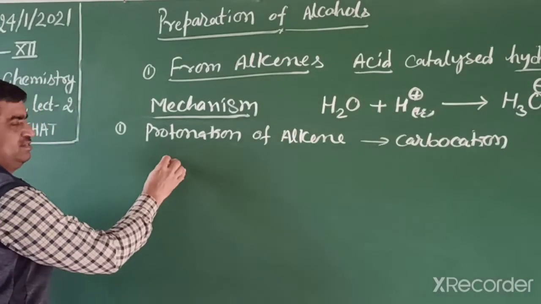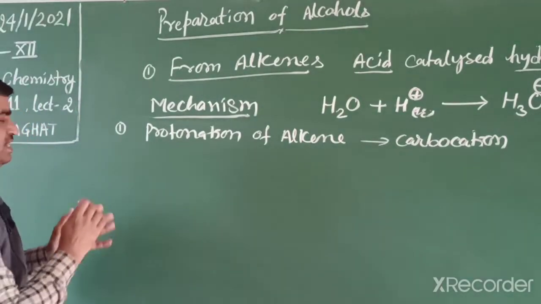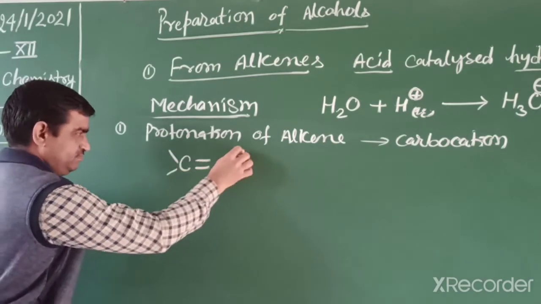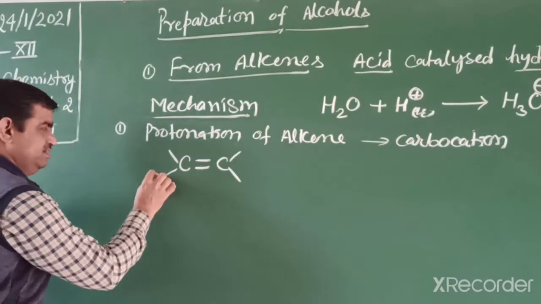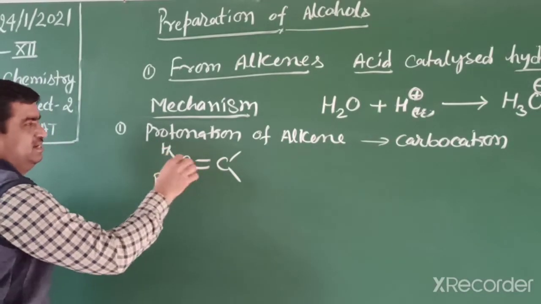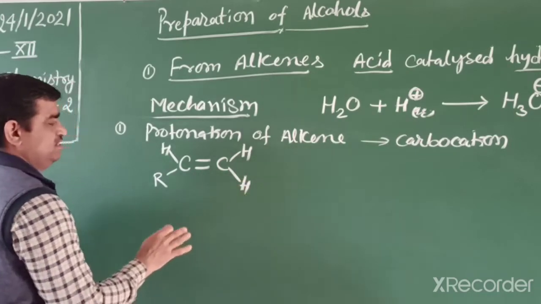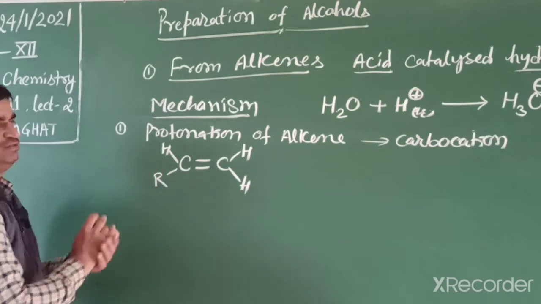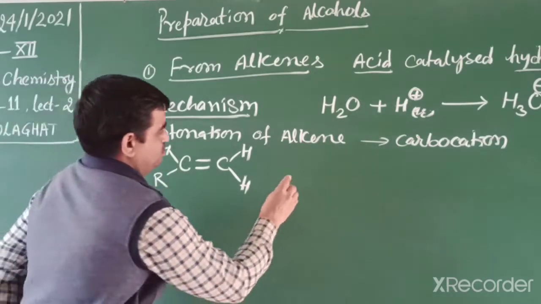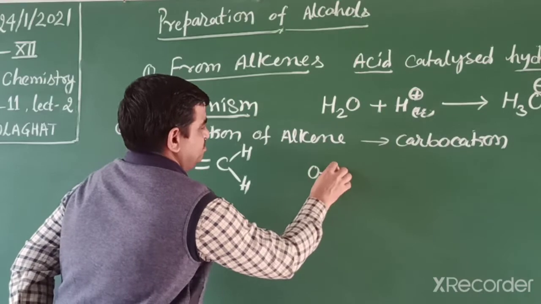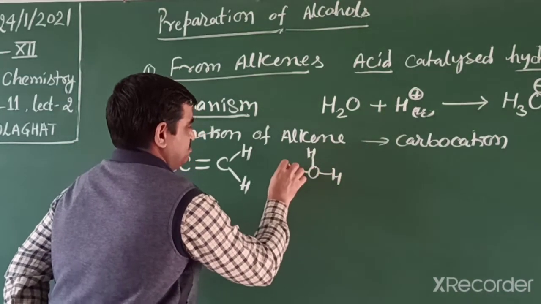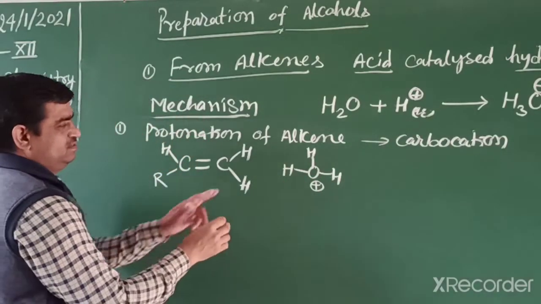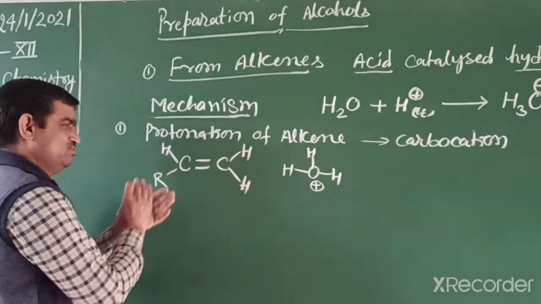So how does it occur? Let us explain with an unsymmetrical alkene example like this. If we write here R and 2H, in place of R you can write CH3 or C2H5. We want to make it unsymmetrical. So on addition of hydronium ion, what happens? This hydrogen is attached to this carbon.